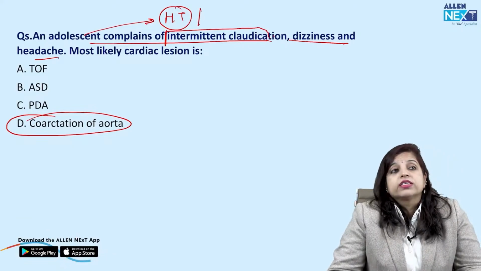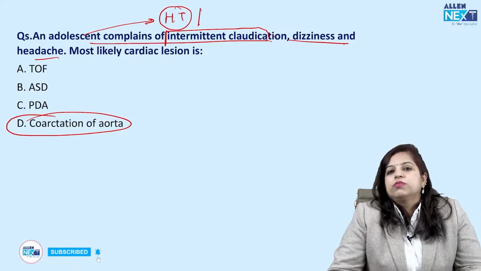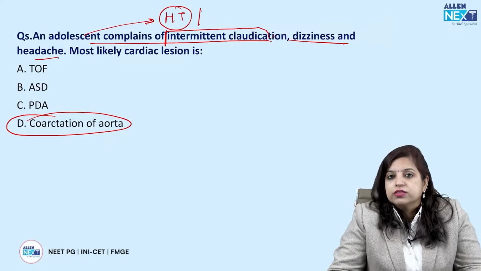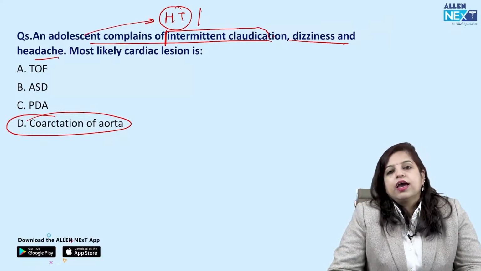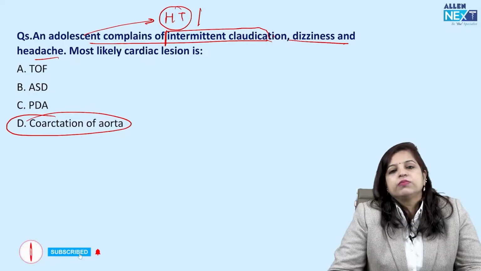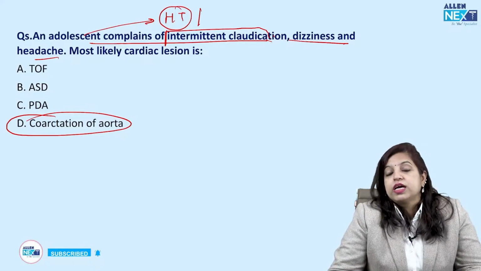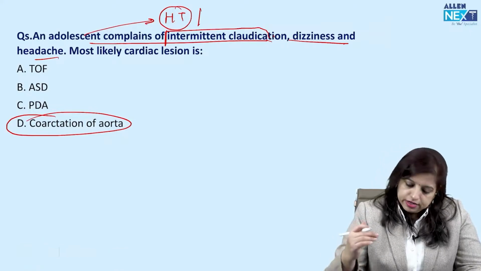Because the collateral supplying the lower periphery is not able to increase the blood supply when the demand increases. So they present with intermittent claudication. That is the reason. And most of the blood is being shunted in the upper arteries, resulting in hypertension. So there is disparity of the blood pressure between the upper limbs and the lower limbs, and the more blood pressure in the upper limbs results in the child developing headache, right?